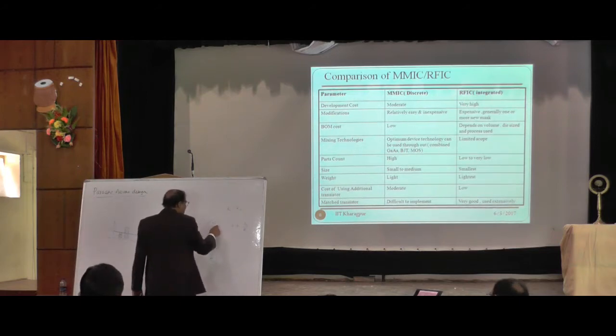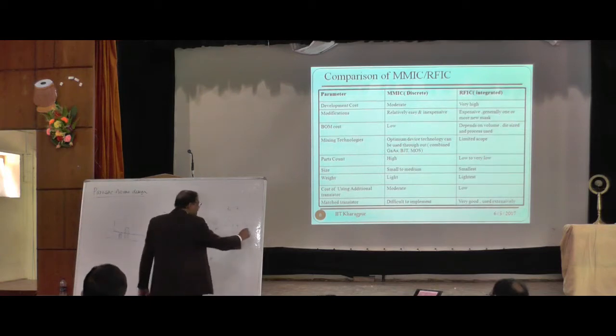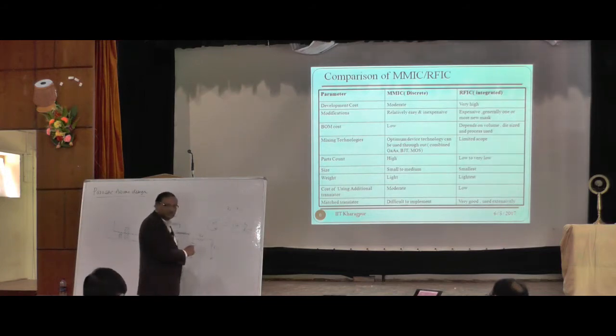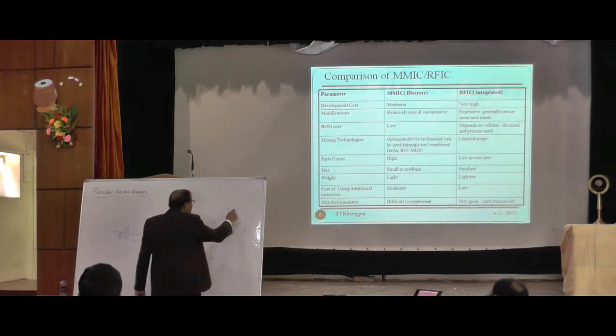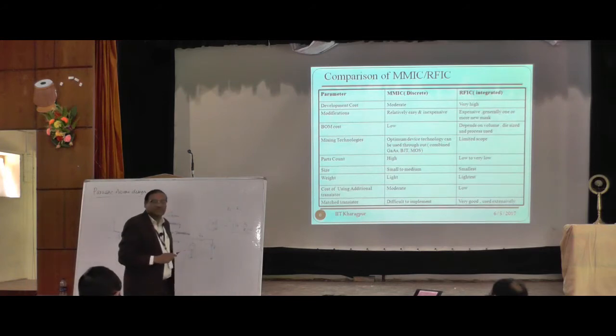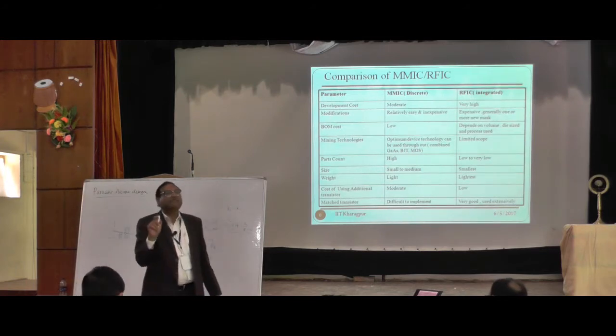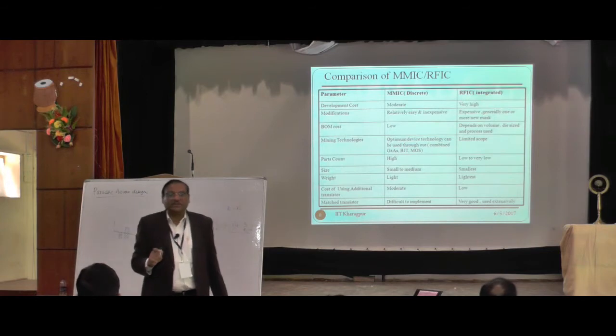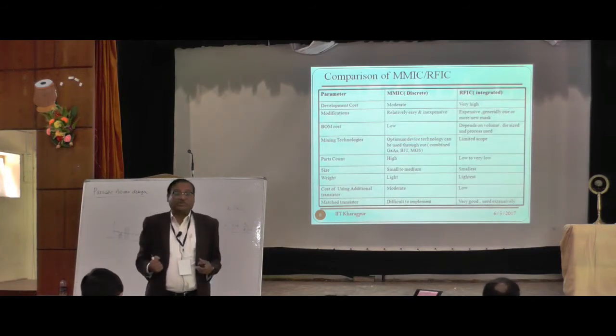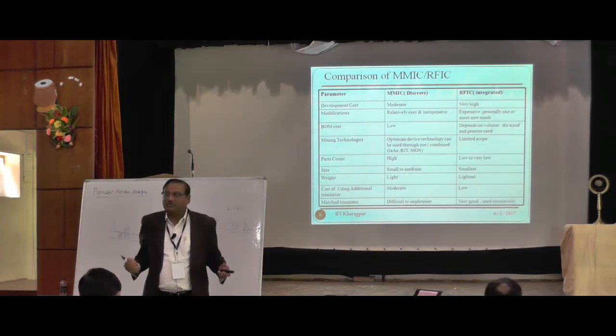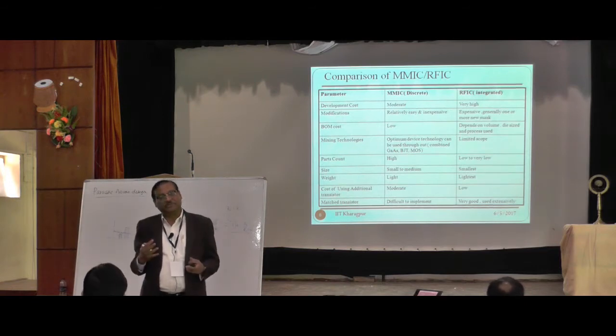You can prove that to minimize the noise figure, R_L should be infinite, then it should be 1. Yes or no? So the two conditions never match. Therefore, you cannot claim that in an RF circuit you got a huge gain with the lowest noise figure. No, you can say it's an optimal performance.